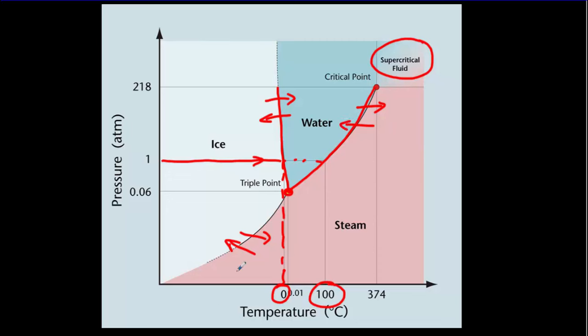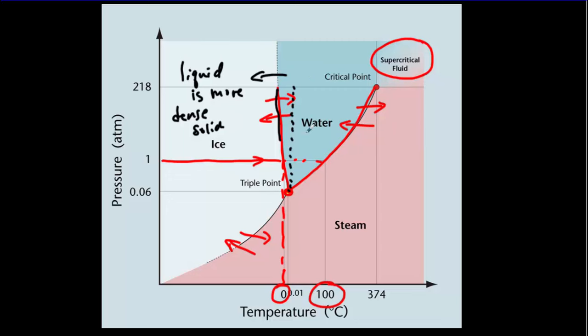And one other thing that's worth pointing out. If I draw a vertical line up from the triple point, for the case of water, you'll notice that this curve is bending away from that vertical line. And you also probably realize that ice is less dense than water, and that's why ice floats on top of water. And whenever you have a situation like this, where this curve bends to the left, that means that the liquid is more dense than solid.